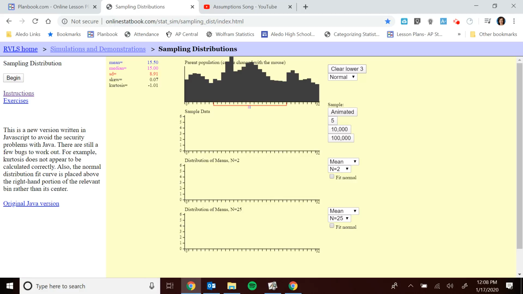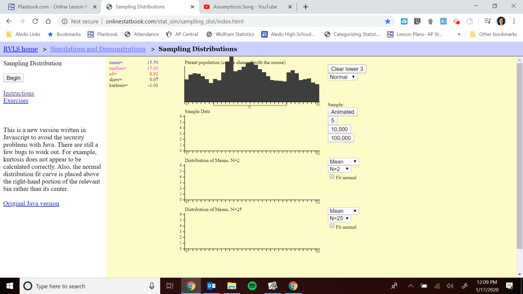Obviously, that's why we wouldn't graph it, because that's a ridiculous amount to plot. So if we don't know the shape of the population, or it's ridiculous to come up with, then this would be considered our population.